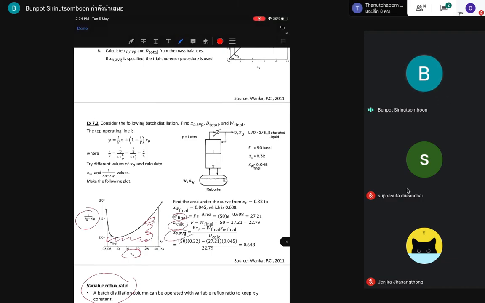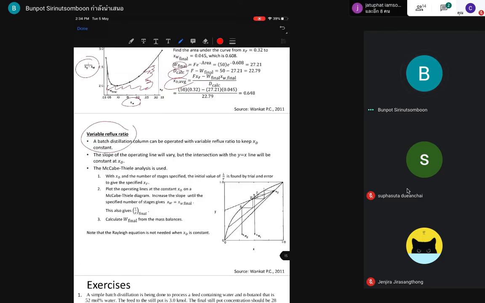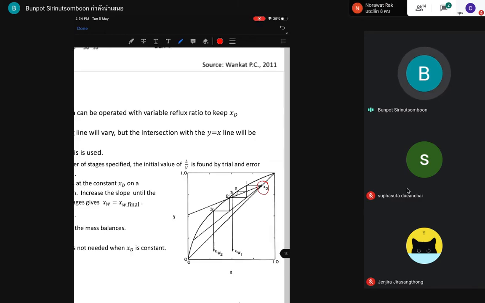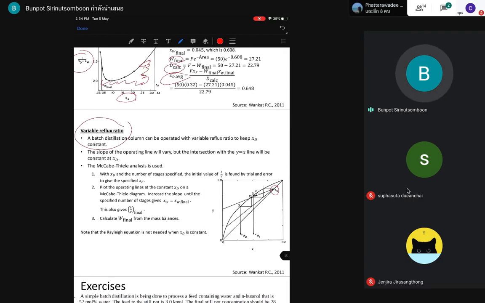And then next, variable reflux ratio. In this case, you can have multiple operating lines, but all the lines will have the same intersection at xd, and they are going to have different slopes. So you just try and guess different slopes until you get xw equal to xw final.